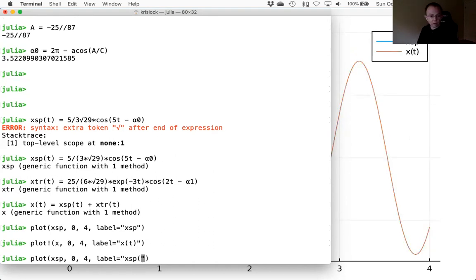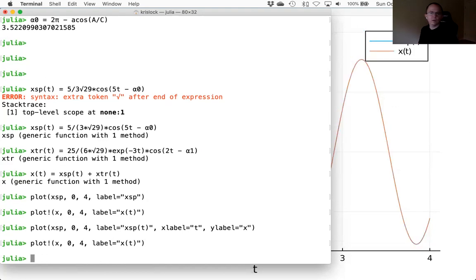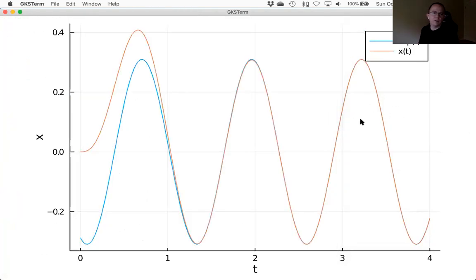So this will be t. Oh, I should do some labels: x label is t, and the y label is x. Okay, and then we'll do this one. Okay, perfect. Okay, great. So the slightly reddish orange is the actual solution.